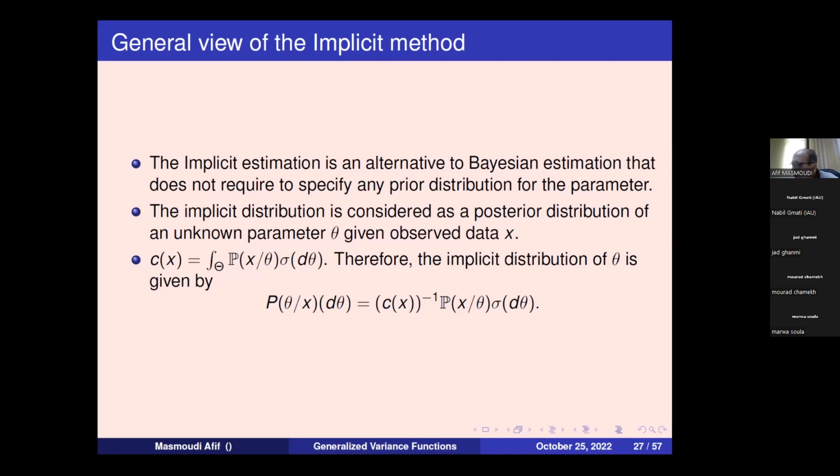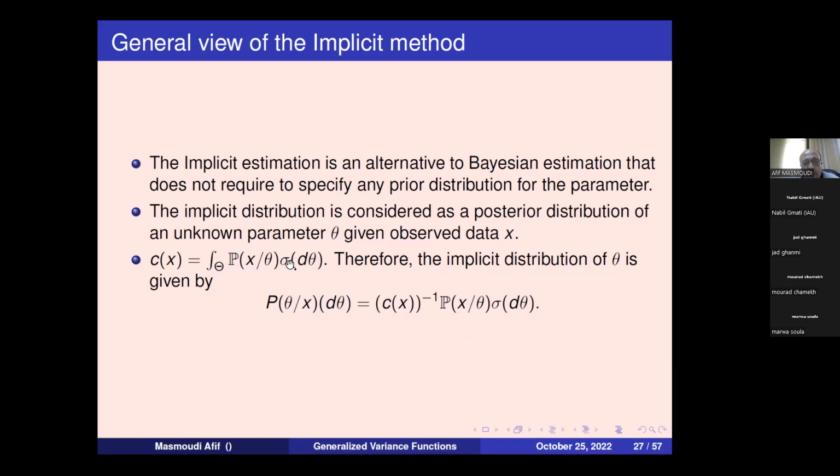The implicit distribution is considered as a posterior of the parameter theta given the observed data x. If the integral is finite, then the implicit distribution of theta is given by this expression.